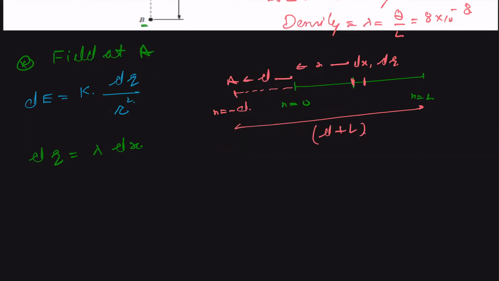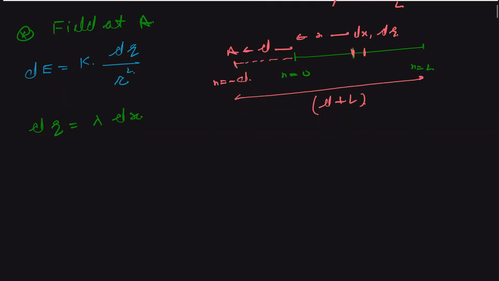So we can write that dE, the electric field for point A, will be equal to k lambda dx upon r square, where r will be equal to d plus x, whole square, because of this small element.